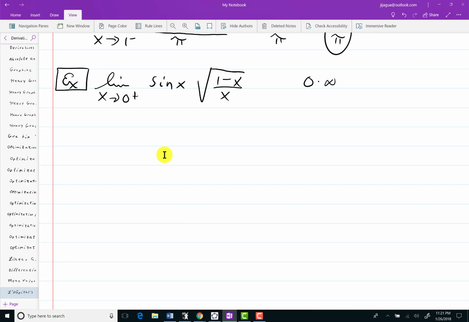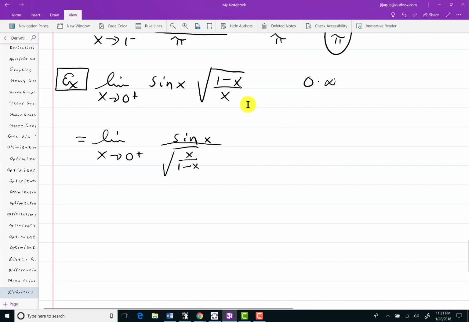So instead, I'm going to rewrite this. You'll come up with your own thing that is comfortable, but when you're first doing this, a little experimentation might be in order. I'm going to rewrite this as sine of x divided by the square root of x divided by 1 minus x. Did you see what I did there?